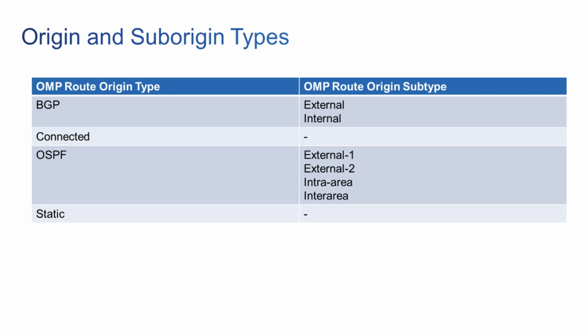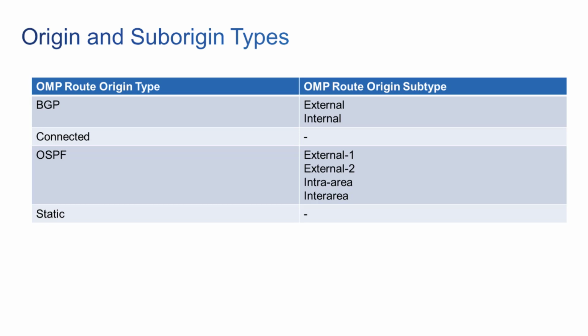When we're selecting those routes, the vSmart controller and the vEdge routers take that origin type and subtype into consideration. So BGP, for example, would be the origin type for routes that are coming from BGP, and then the OMP route origin subtype could either be BGP internal routes or BGP external routes. Connected routes don't have a subtype. OSPF could come in as external type 1 or external type 2.